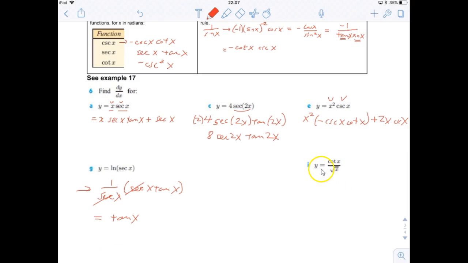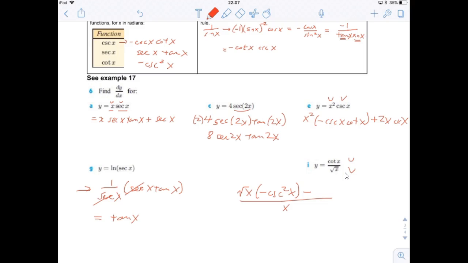Okay, last one. We're going to take the derivative of cotangent of x divided by square root of x. That is a quotient, right? So u and v. So we'll say that, let's see, v squared would be the denominator squared. So square root of x squared is just x, so the bottom would be x. Then we would put square root of x here, and then we would find the derivative of u. Derivative of cotangent is negative cosecant squared x, right?